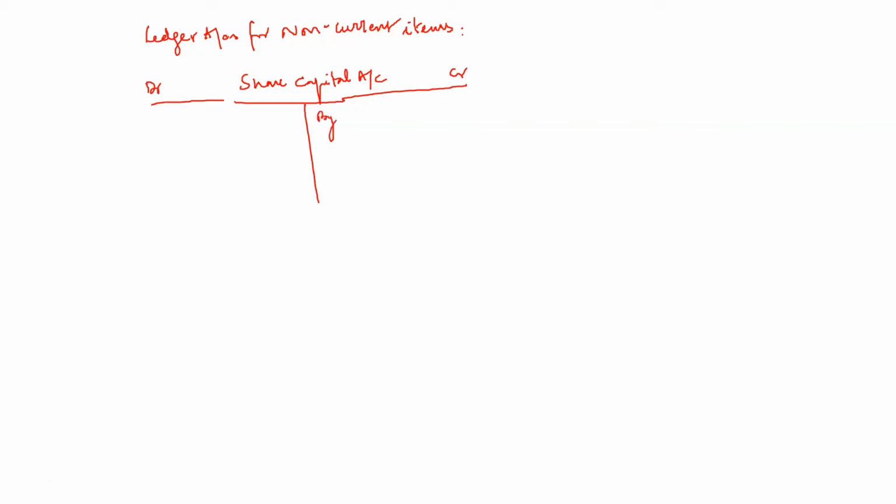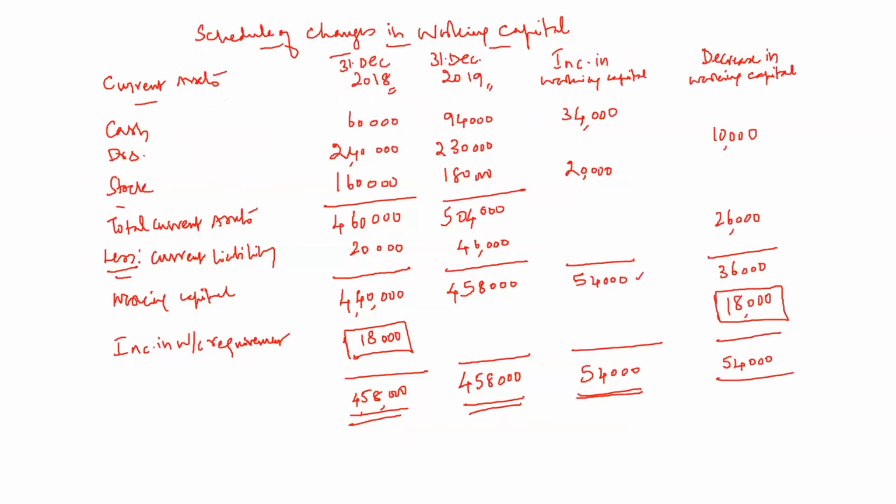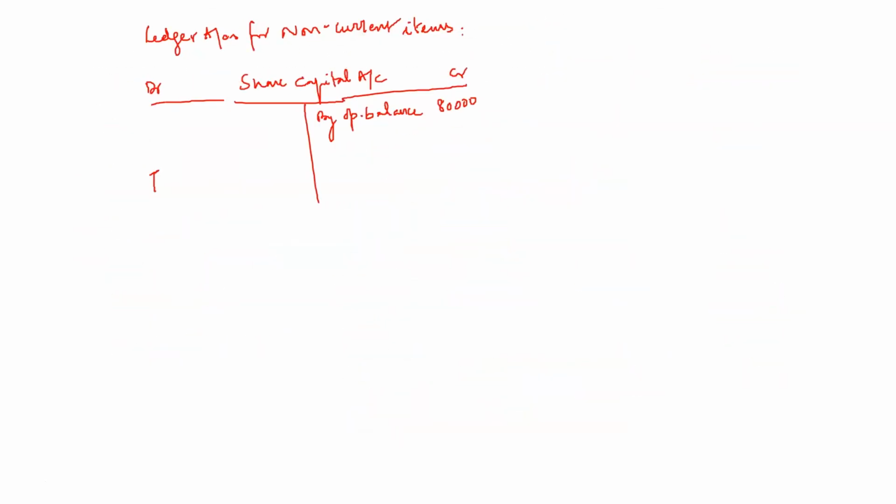So by opening balance, $80,000, closing balance, $90,000. That means the greater side, it's a mere ledger balancing. So I am closing the debit side. There is no other information with regard to share capital. I'm just closing the ledger.